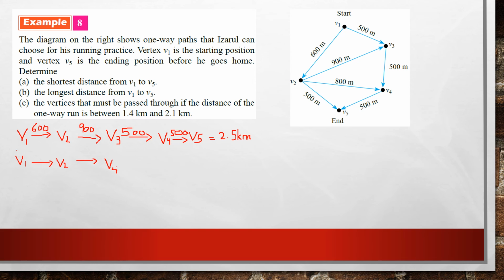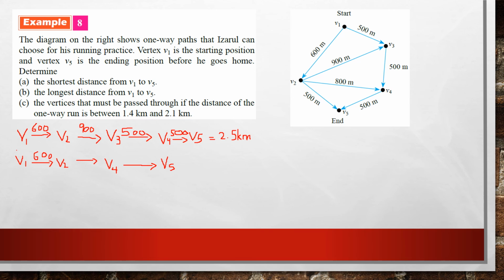Then you can reach V5. So again you calculate the distance. V1 to V2 is 600.